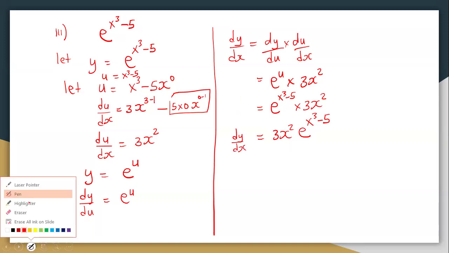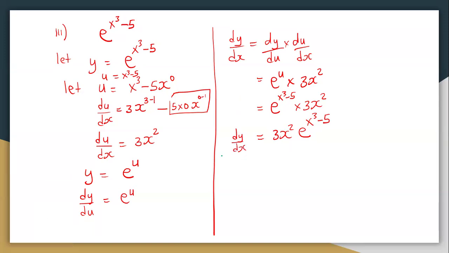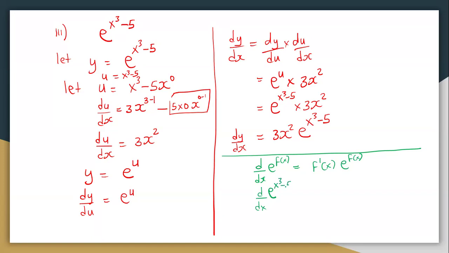Alternatively, you can use the other approach and say that I know very well that whenever I have d/dx of e^(f(x)), this is the same as having f prime of x, and then I have my original function back. So for this case, we shall say that d/dx of e^(x cubed minus 5).